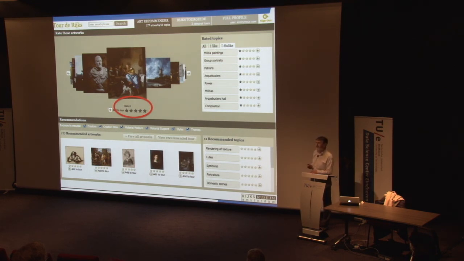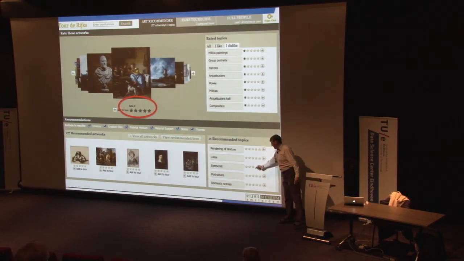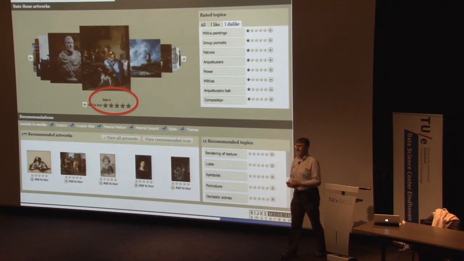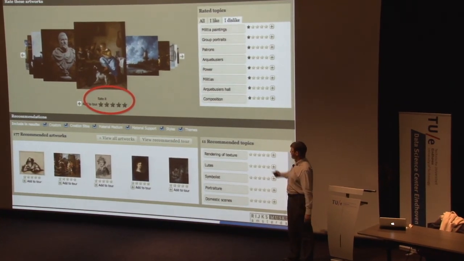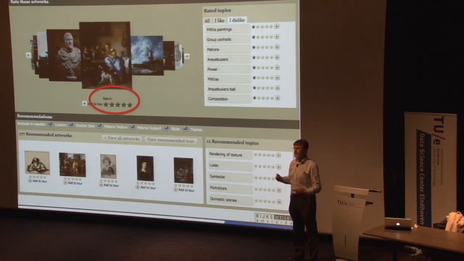It is probably oil on canvas. It may correspond to an artistic style of a certain area and certain lighting techniques and everything. And you get topics that are recommended that represent what's on the painting, what's the technology, who is the artist involved. And you get also other paintings that are then recommended that you can also start rating.